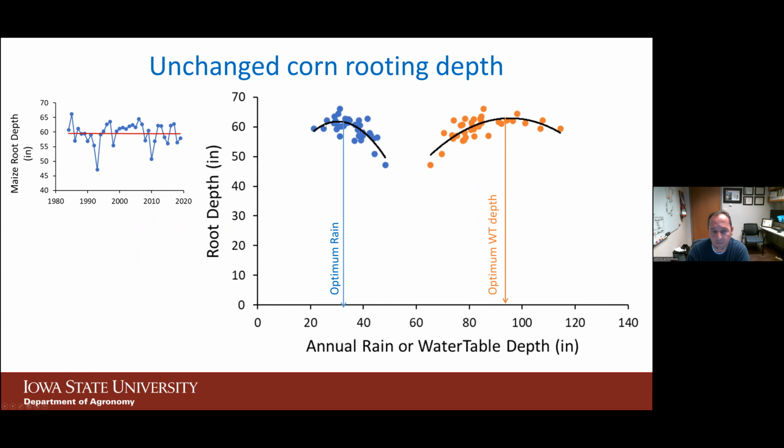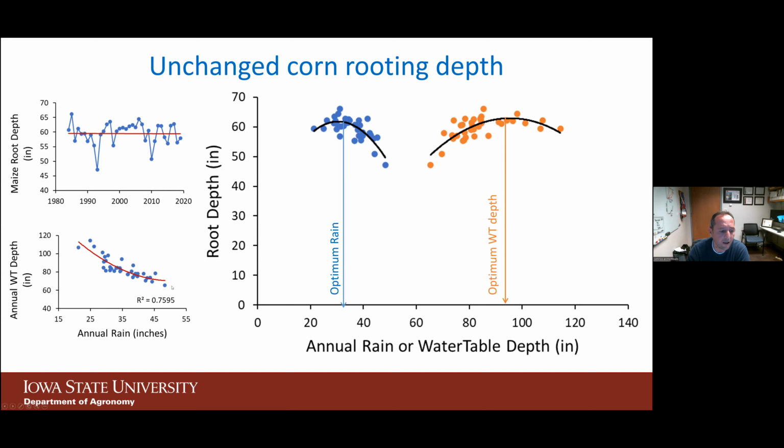They are both polynomial relations, and there is an optimum around 35 inches annual precipitation for maximizing the root depth, or if you prefer, 90 inches water table depth. And of course, there is a strong relation between precipitation and depth to the water table.